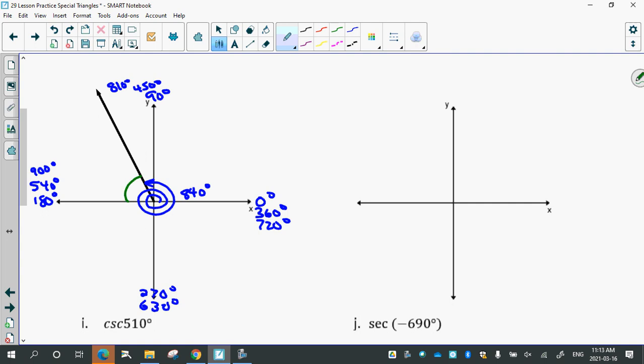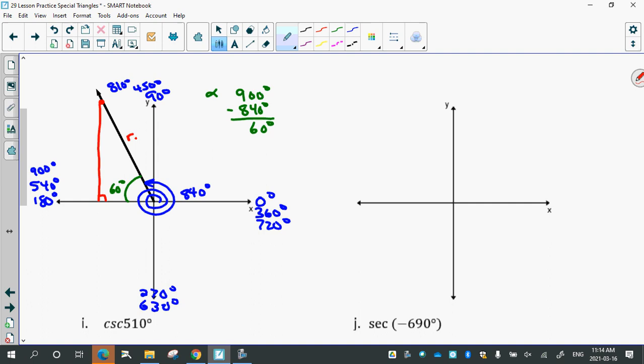And then alpha is going to be 900, that's my benchmark angle, minus my 840. Gives me 60. And then I can draw in my vertical. And now I've got my 60-degree right triangle. And I have to label it according to it being in the second quadrant.